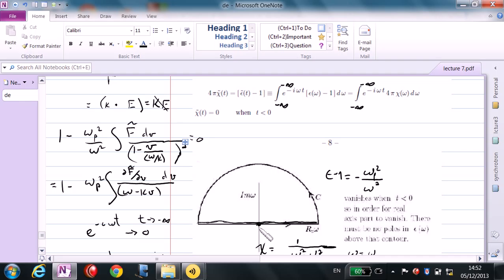Let's remember how contour integrals work. This is what you want to find. You want to find this part. To be used, the fact that the entire contour integral is 0 when there's no pole.